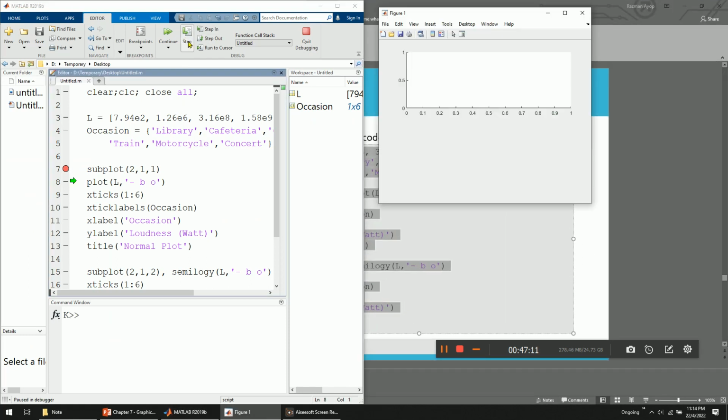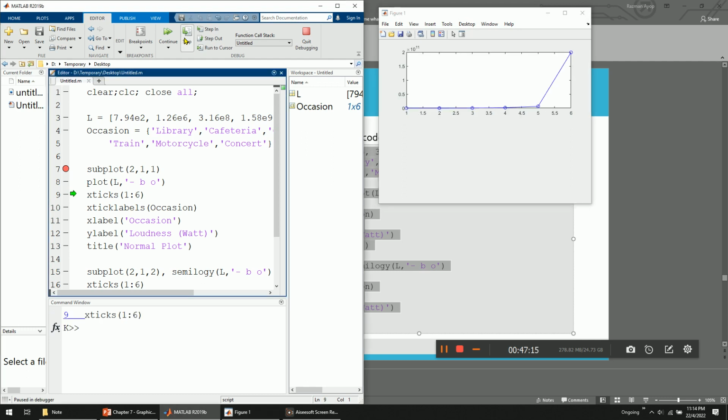So you can see here, you create a subplot here, position 1. It will plot the L, this is the marking, continuous blue, and this one is the marker O. Then xticks. You have to add the tick first, you can see here 1, 2, 3, 4, 5, 6.